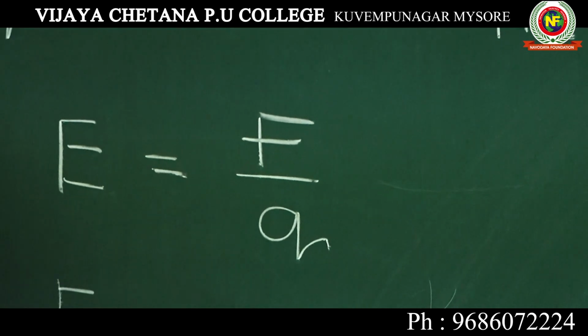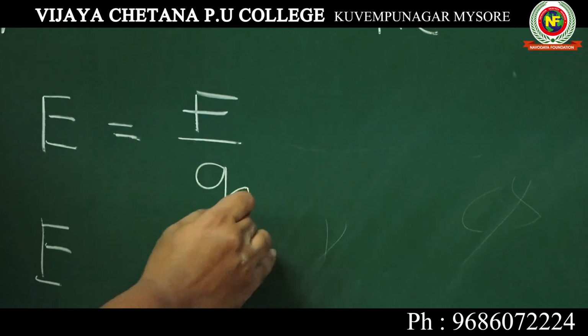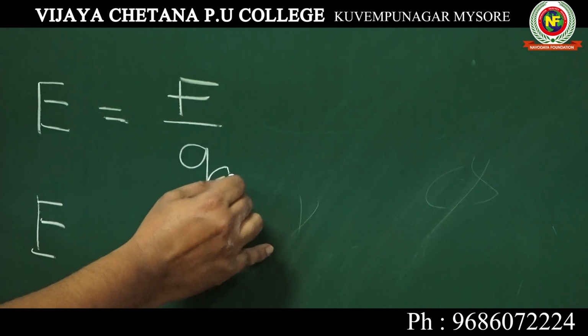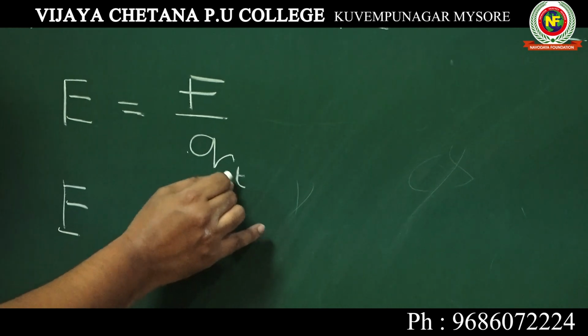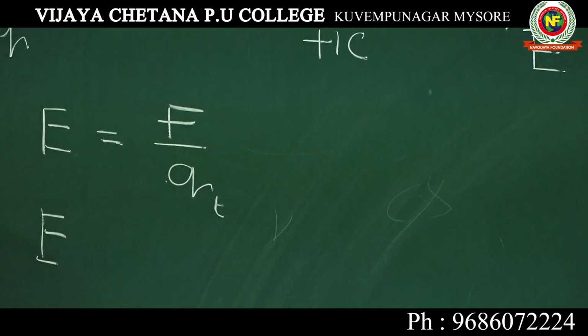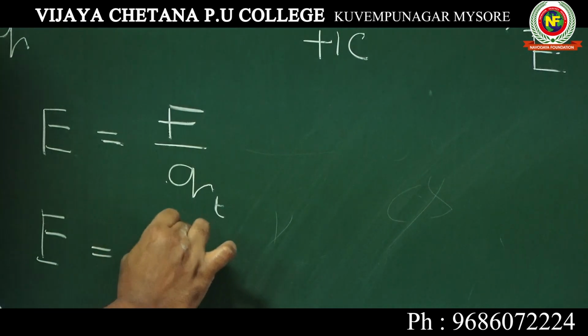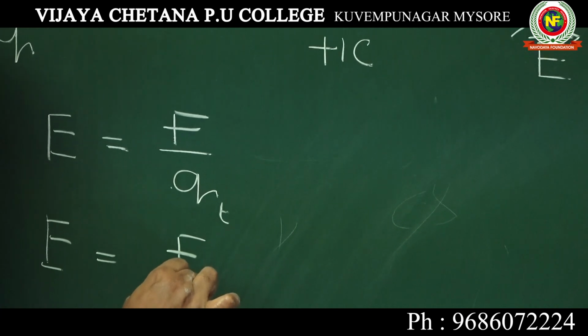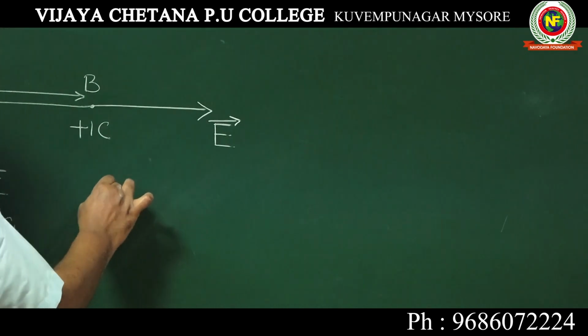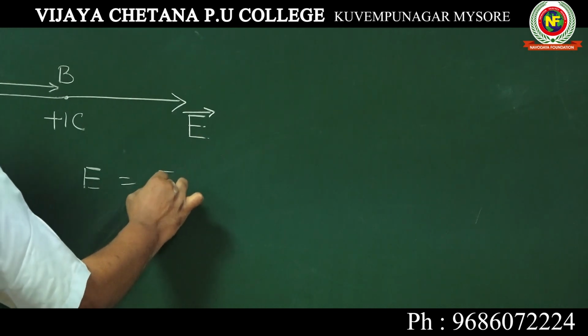So E is equal to, and let me replace one term here. I will replace Q by QT. QT stands for Q test. Test charge is here 1 coulomb. So with 1 coulomb, the denominator becomes 1. So electric intensity is equal to force.